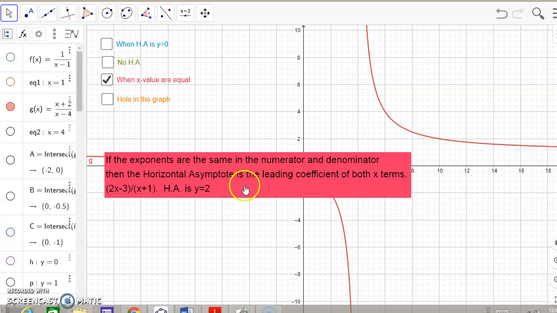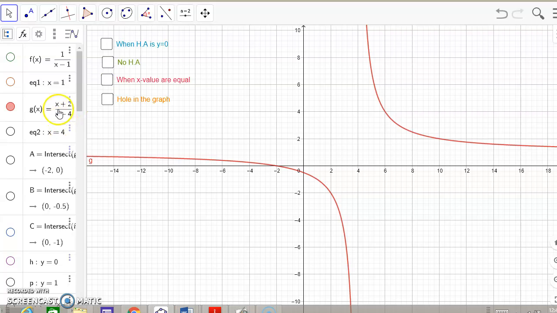If we had 2x minus 3 divided by x plus 1, we'd be looking at 2x divided by x, and the horizontal asymptote would be 2. But in this case, we have 1x divided by 1x. When the x's cancel out, our horizontal asymptote is actually y equals 1.